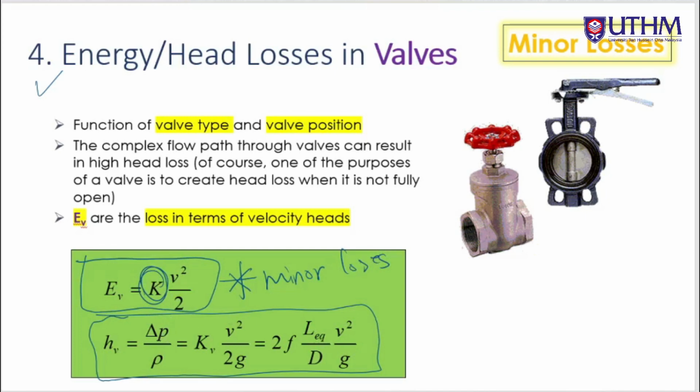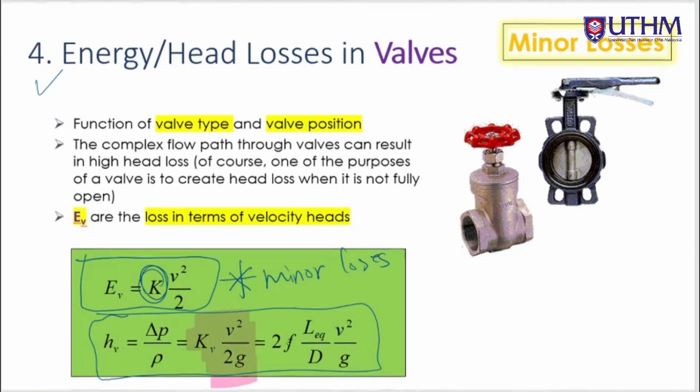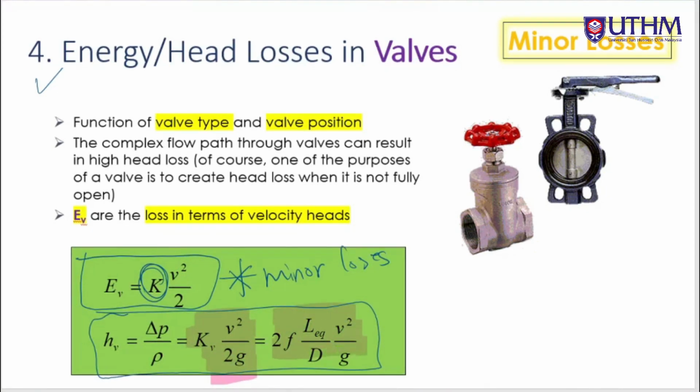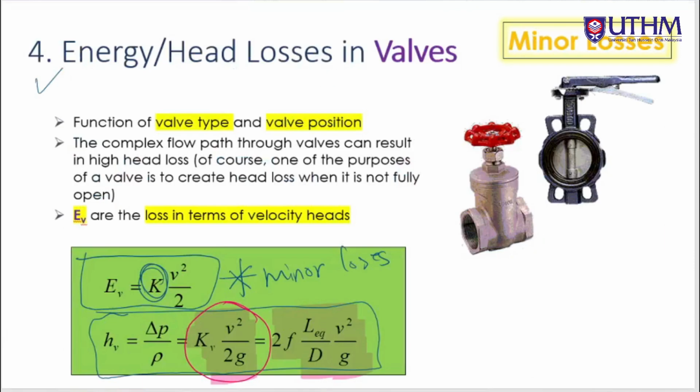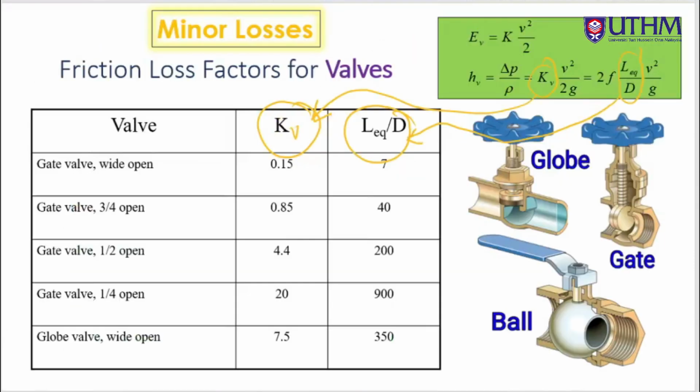Okay, we use this one, which is actually the same as this. Okay, it's just that we use the standardized expression for losses, the same as the other minor losses, so that we are not confused. We use this one. Alright, so the friction loss due to valve depends on the types or conditions of the valve itself.